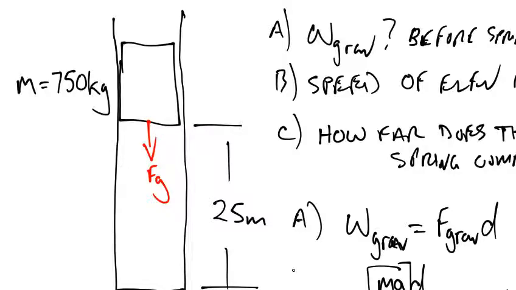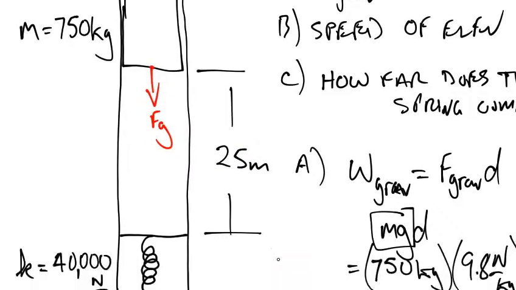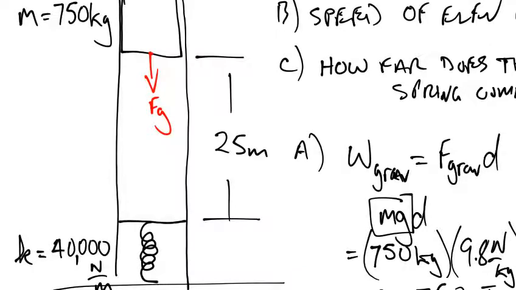Now, part B, how fast is the elevator going? Well, for part B, we have to say, okay, the initial energy, and this is just before it hits, by the way. So at the top here, this is initial, and that's final.